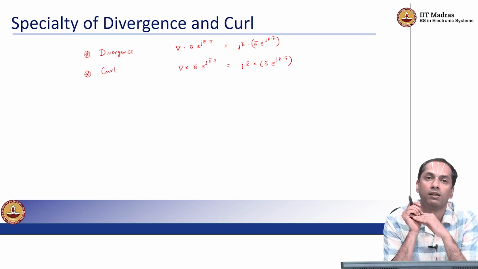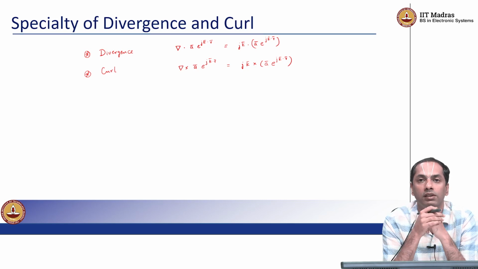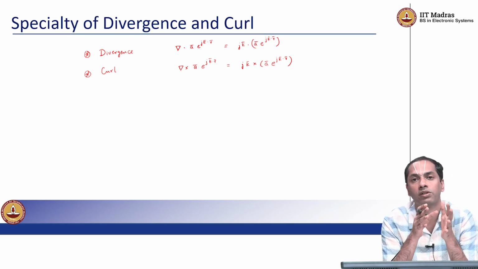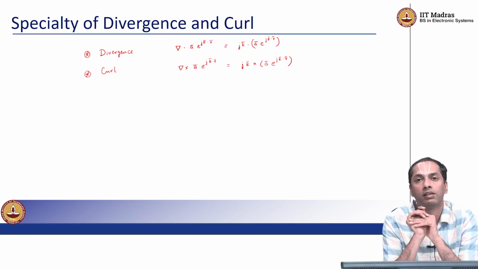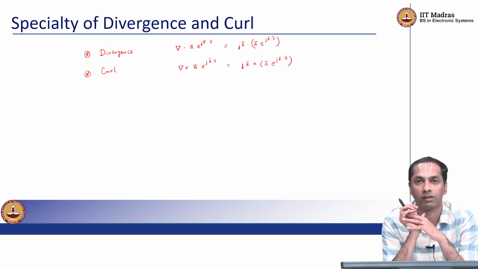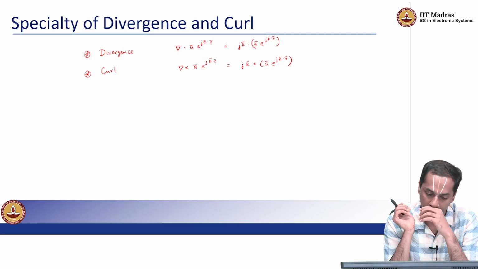So the curl equation essentially gives you how much of the vector field is in the transverse direction to the k vector direction.